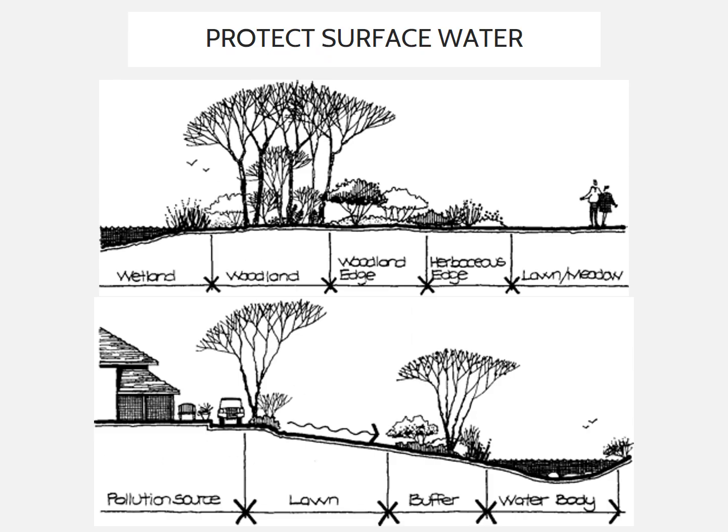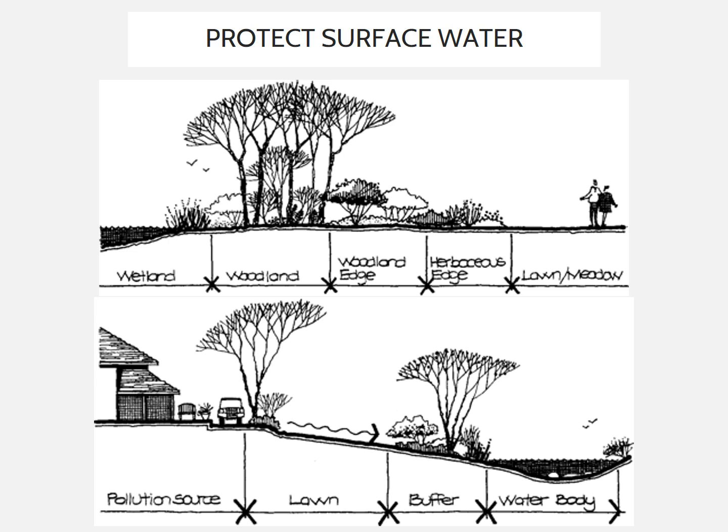This image is showing ways that you can create buffers to help protect water bodies and wetlands. This one's showing, if you had a lawn or a meadow, you want to have some buffers between this wetland so that if you're using fertilizers or pesticides, it's going to get filtered out.